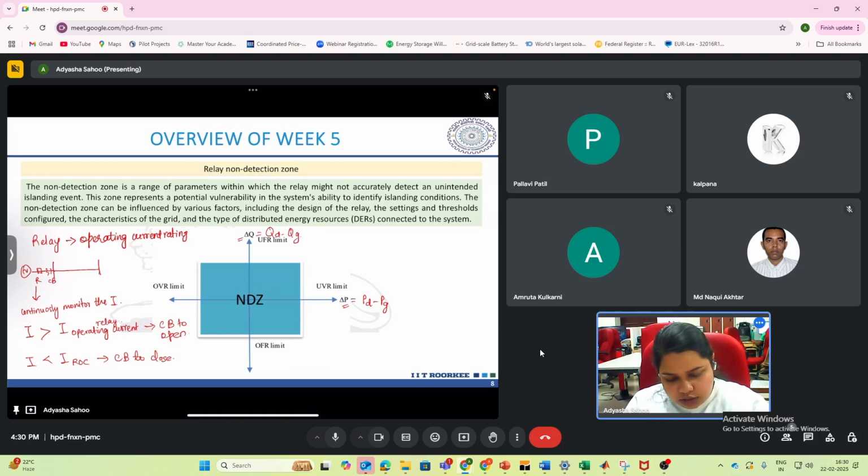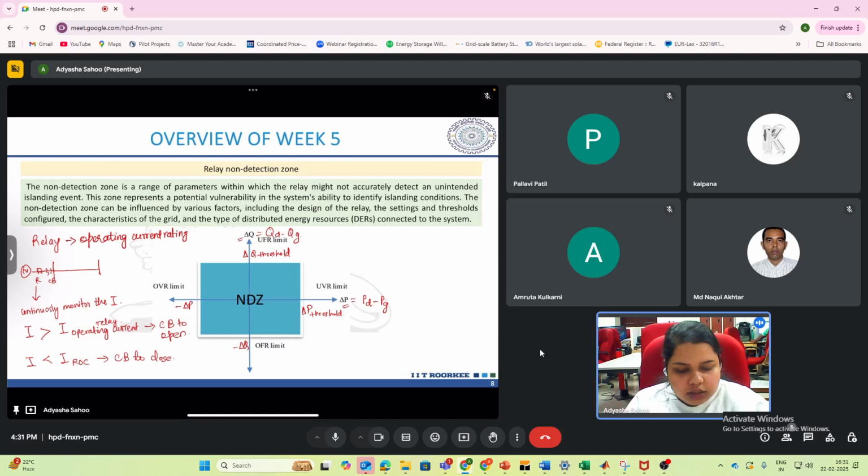But here you see this is a threshold, so this is the threshold for delta P. Similarly, this is the threshold for delta Q, and similarly minus delta P, minus delta Q.